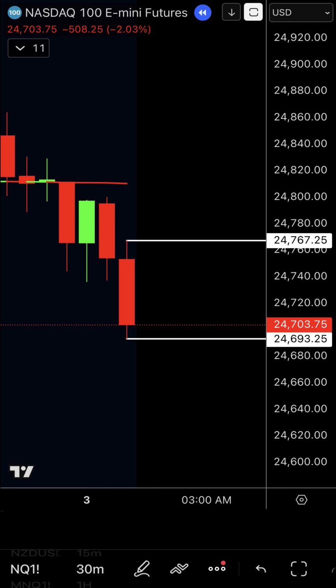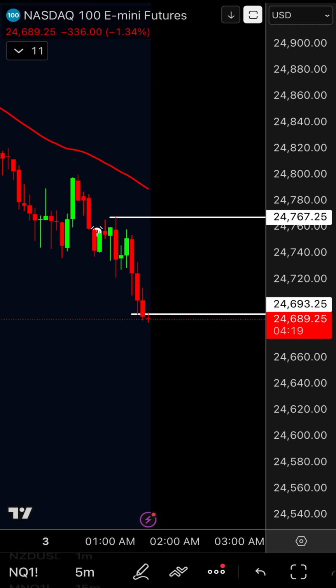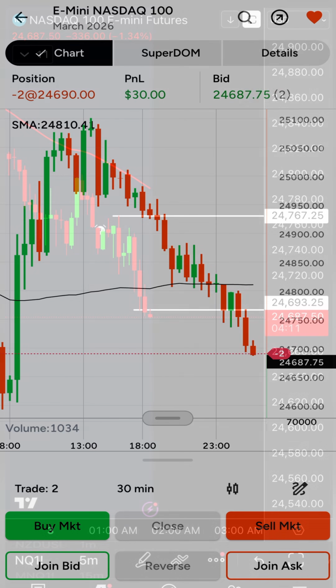It ends up being at 1:30 a.m. Wait for that candle to close, mark it up, and wait for price to break. Here you can see on the 5-minute chart that price barely broke out. So because it barely broke out, I'm taking a sell.